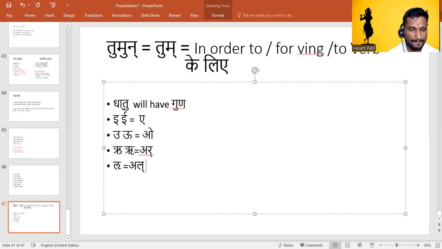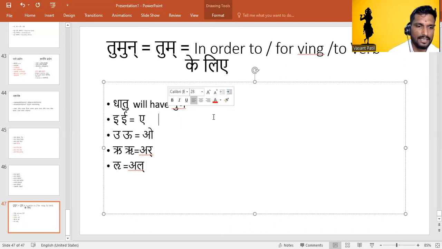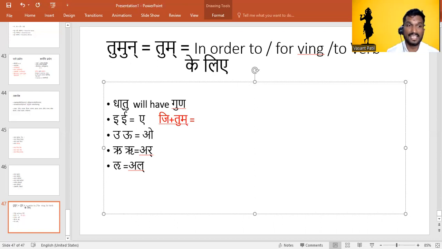For example, and tum will remain. We already have seen this. So ji is the dhatu. I'll write down in front of it only. So it will be easy. Ji is the dhatu and tumun is the pratyaya. So ji, I guna is E. What is the rule?